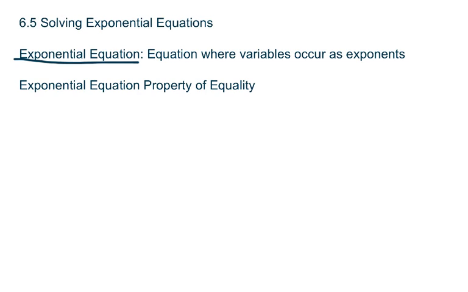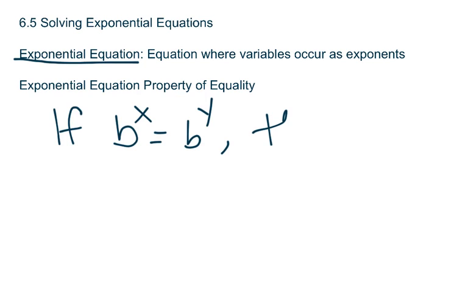What it says is that if b to the x is equal to b to the y, okay, so if you've got exponential expressions on both sides of your equation, then what we can say is that x is equal to y. And this is an important property because this is what we're going to use to solve a lot of the equations we're going to get today.